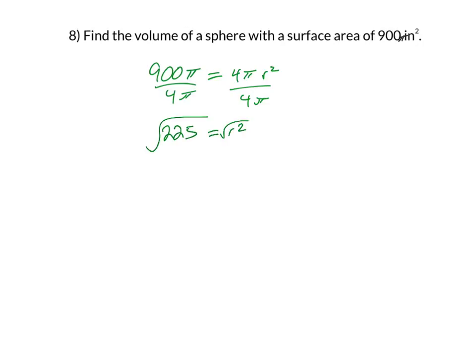And the square root means that r equals 15 inches. Now the volume equals 4/3 pi times 15 cubed. Once I find that, this is 4,500 pi inches cubed.